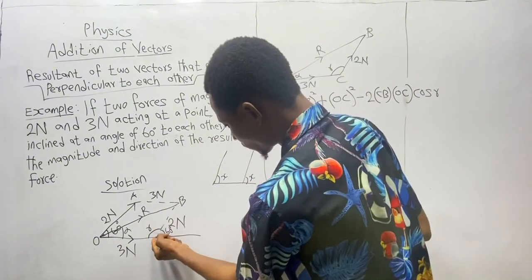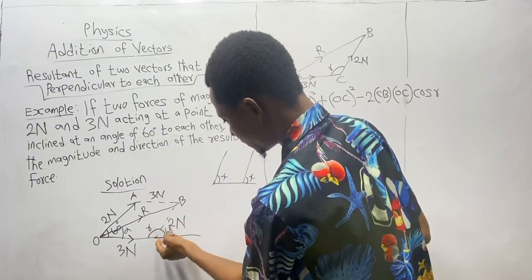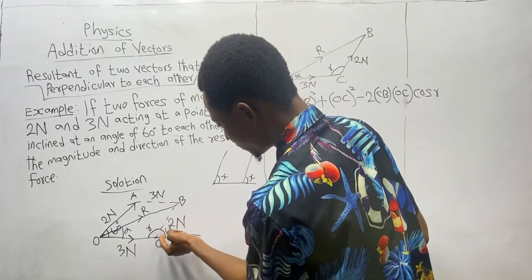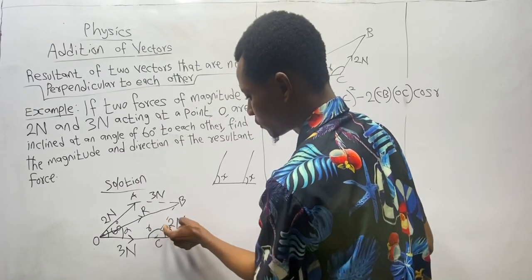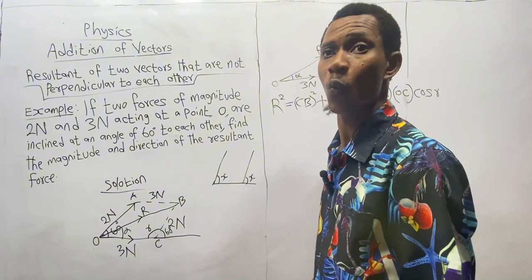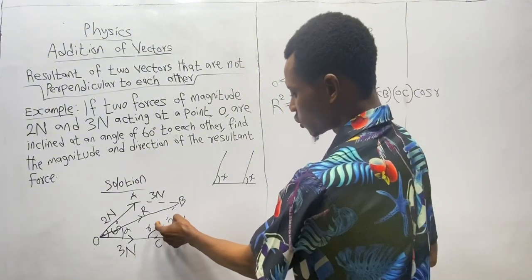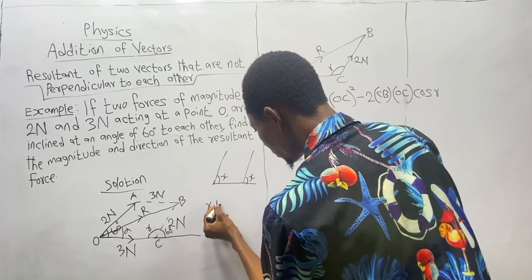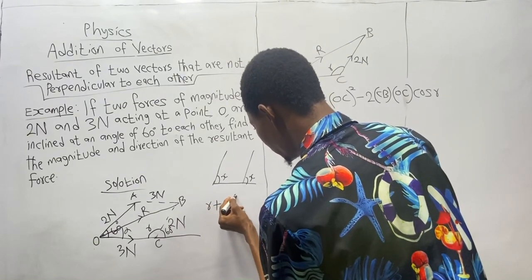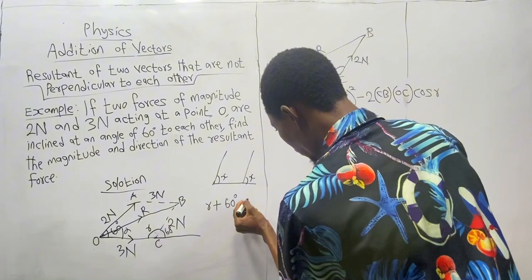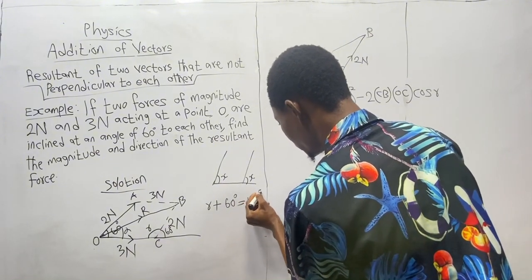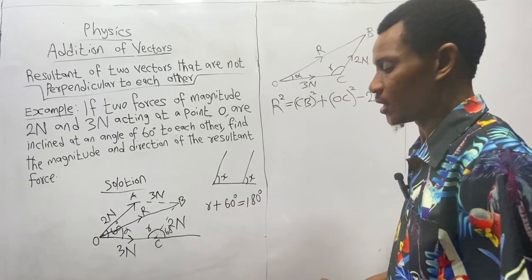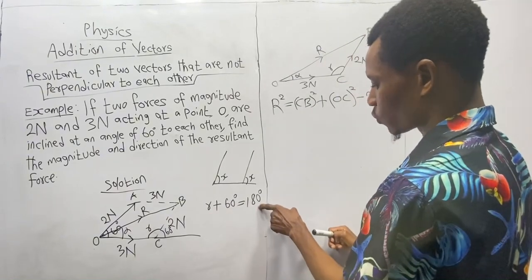So if here is 60 degrees, in mathematics, angles on a straight line add up to 180. So these two angles here, this arrow and this 60, are angles on a straight line, so the addition of the two of them will give you 180. So arrow plus 60 degrees is equal to 180 degrees, because they are angles on a straight line, and angles on a straight line give 180.